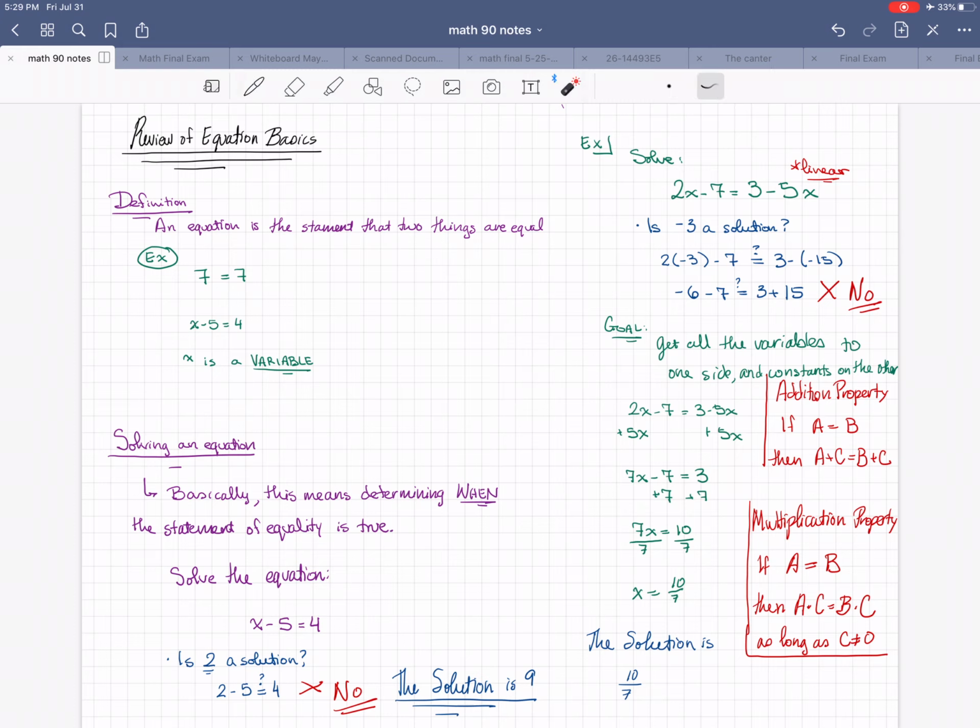Linear equations are ones where we only have the variable with no exponents on it, multiplied by constants, and then adding and subtracting constants to that. So in my next video, I'm going to talk a little bit about equations that aren't linear and some techniques for solving those. You can expect a few lessons on that, but this is all I have for this time.